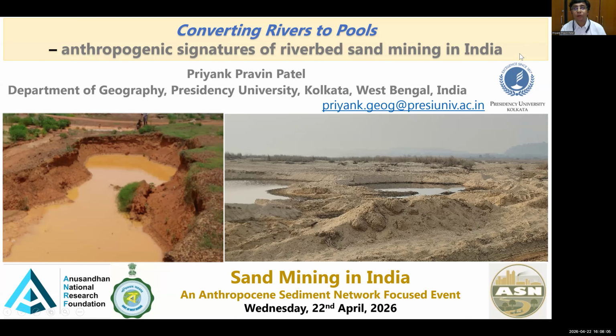What I will talk on very briefly, because we have two other speakers who will be talking on related topics, is leading up from this: converting rivers to pools. This is about anthropogenic signatures, that is how humans are modifying rivers, especially in terms of sand mining in India, why we feel that focusing on and documenting these signatures is important, and what is actually happening on the ground.